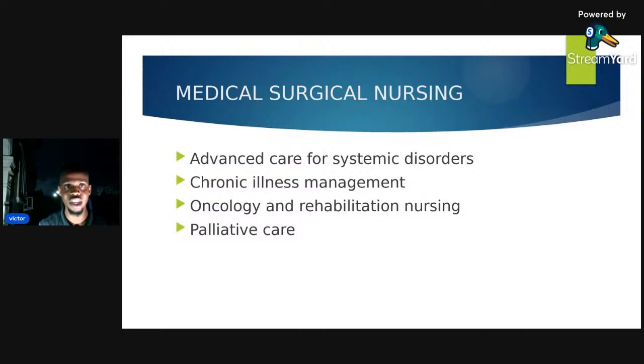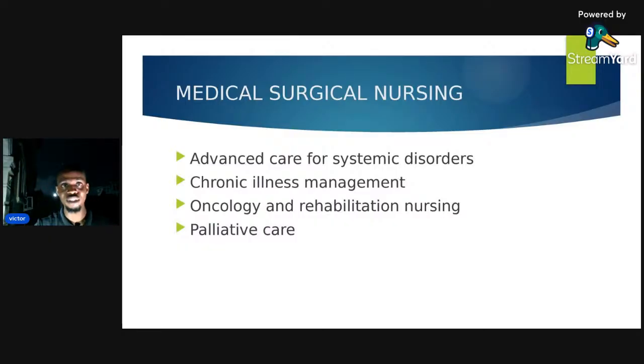That is palliative care. And you usually give this type of care to patient with terminal illness such as cancer. Probably the person is in the end stage of cancer, end stage kidney disease, end stage breast cancer. So you give palliative care to such patient. So that is what you are to expect in your medical surgical nursing.